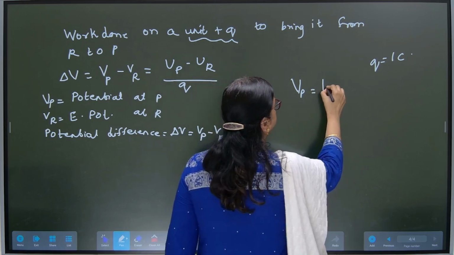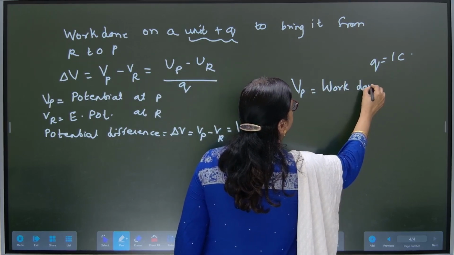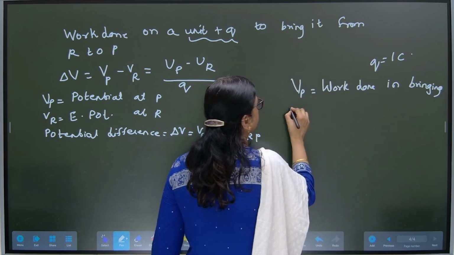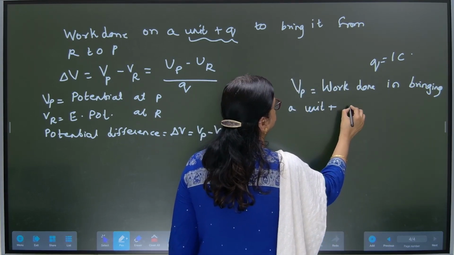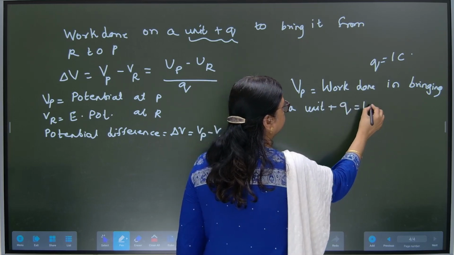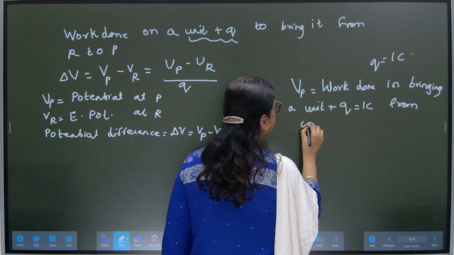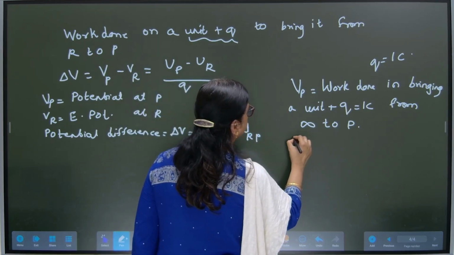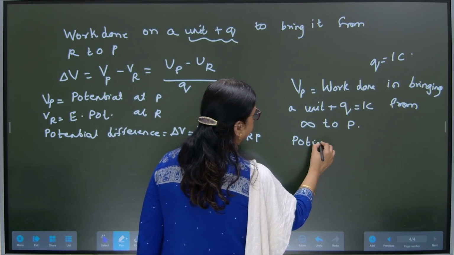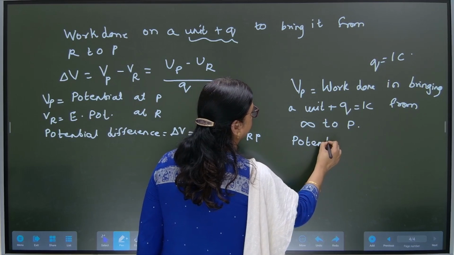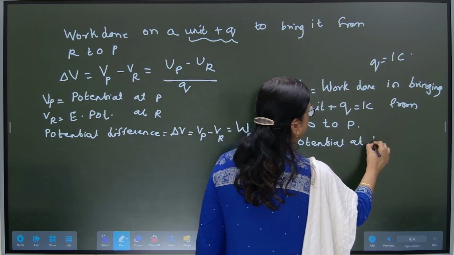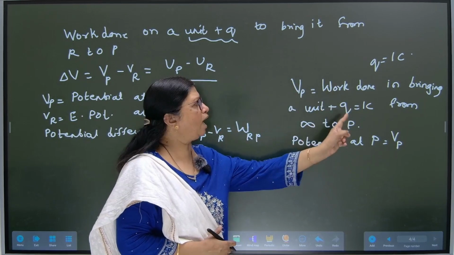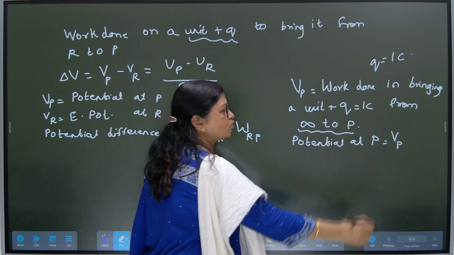It is the work done in bringing a unit positive charge Q from infinity to P. Okay, so this is the potential at P, which is Vp, equal to the work done in bringing a unit positive charge of 1 coulomb from infinity to P.